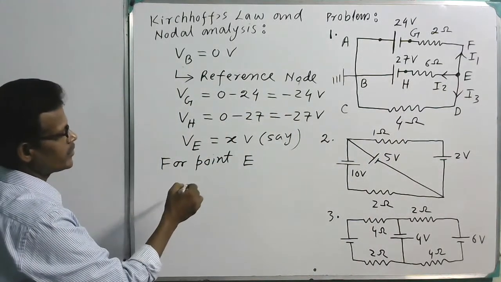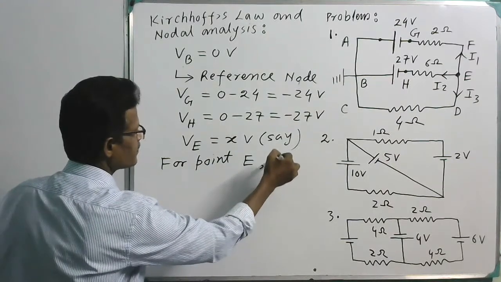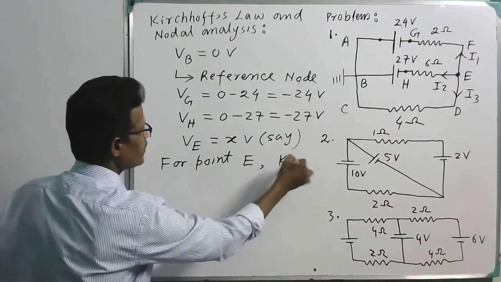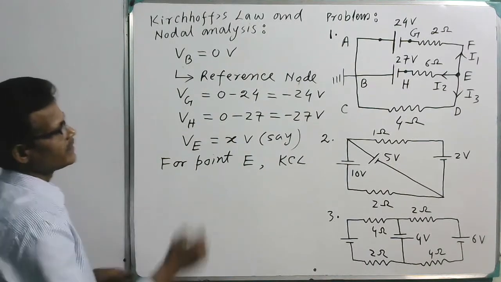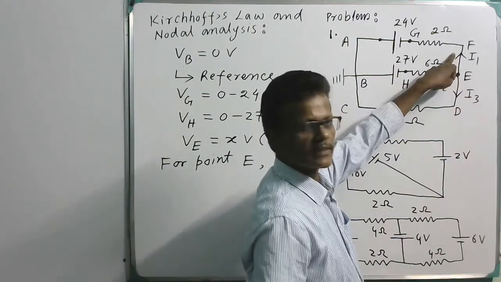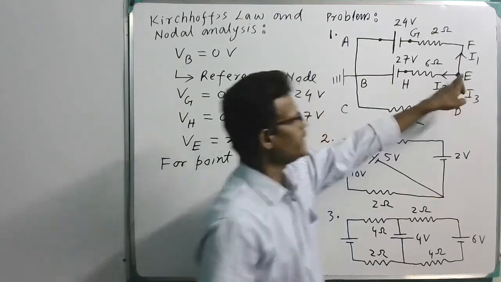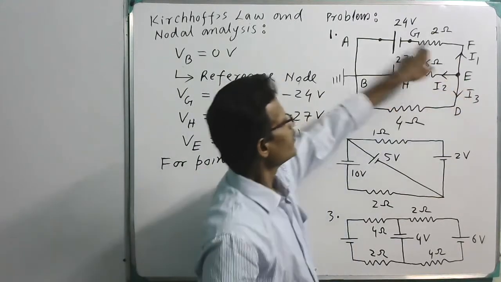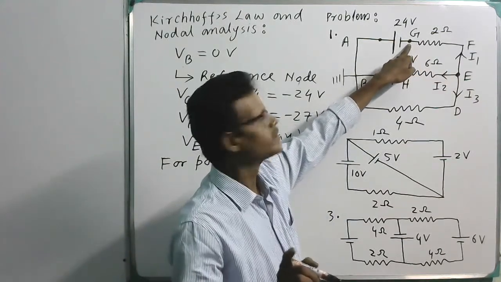Then for point E, applying KCL, this current I1 is how much? The potential of point E is X volt and point G is minus 24 volt.